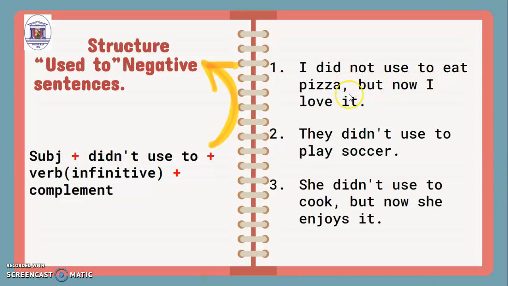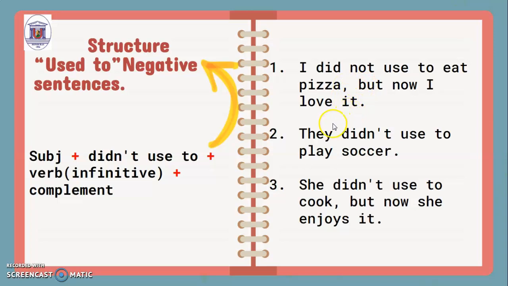Okay, here we have the complement. Let's read together, please. I didn't use to eat pizza, but now I love it. Yes, in the past, I didn't use to eat pizza, but now I love it.